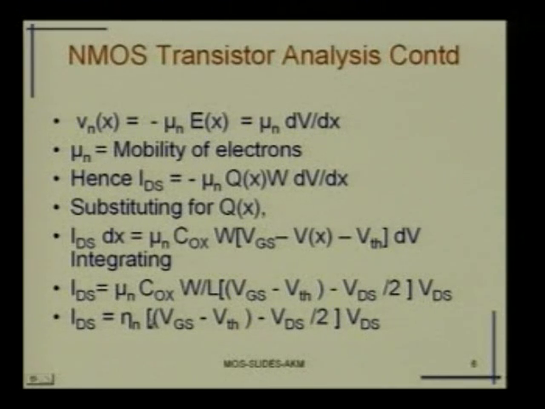Again I repeat, it is not a linear equation, there is a quadratic term involved, and that is why the curve shape is not absolutely a straight line. And second, there is an assumption that VGS is greater than V threshold, otherwise the current is assumed to be 0, and then if we ignore the VDS by 2 part, then we have the pure linear equation.